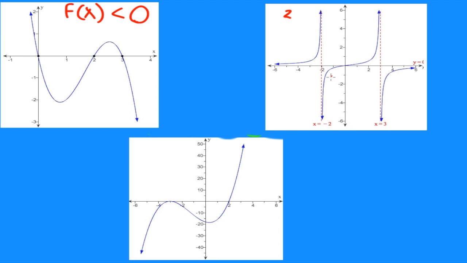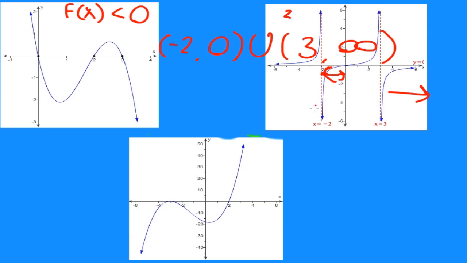All of this right here. Negative 2 to 0. So, negative 2, 0, union, what? 3 to infinity. 3 to infinity. And negative 2 to 0. See it? It's over there.